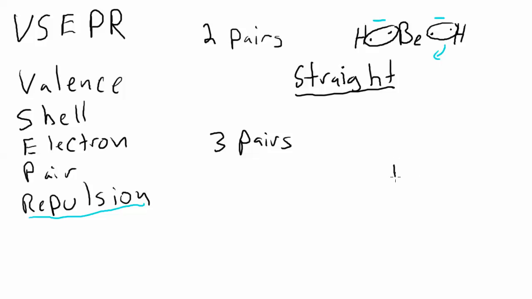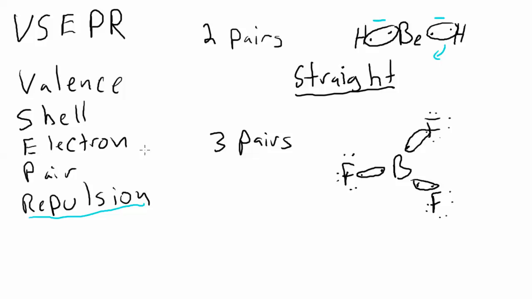So we'll use boron. Boron has three valence electrons, and so let's just slap some fluorines here. Okay, so we've got 1, 2, 3 shared electron pairs.